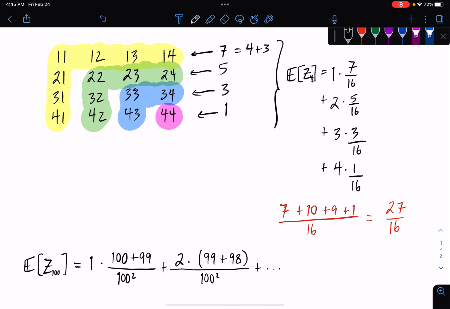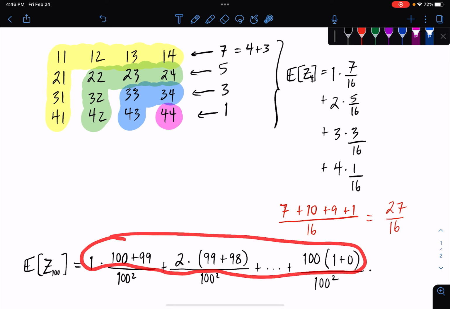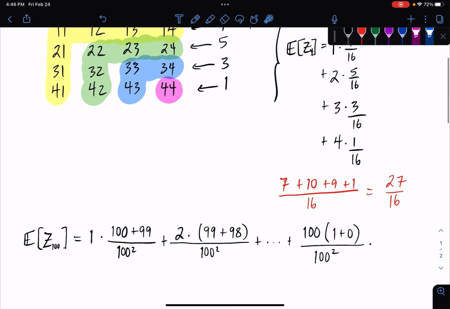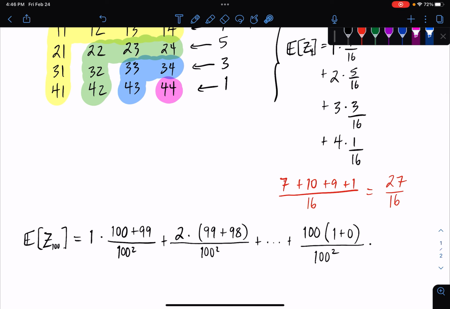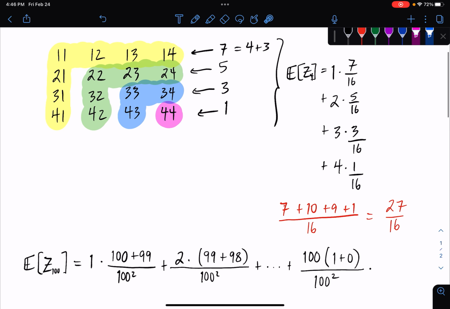Plus all of the way up until finally at the end, we're going to get 100 times 1 plus 0 over 100 squared. Okay. And now maybe there's some nice way that we can talk about this sum of numerators. So you can think about what that is, but of course we can definitely put this into a calculator. This thing should be pretty computationally feasible.